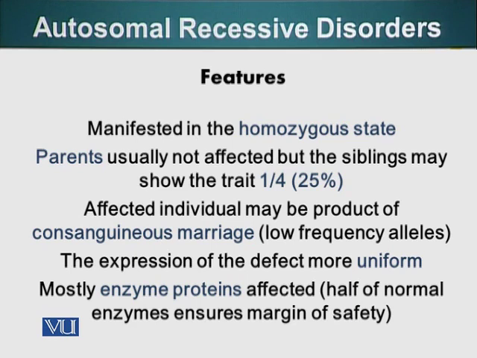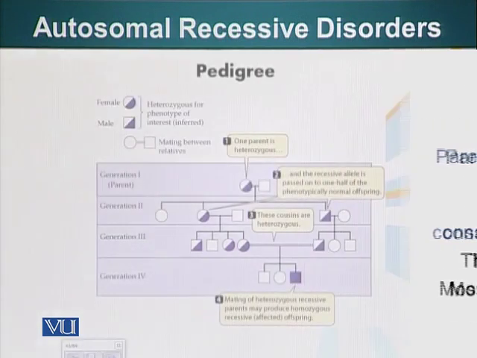I didn't mention when I was talking about autosomal dominant disorders: they are generally caused by mutation or changes in genes which are coding for regulatory proteins or structural proteins with multiple subunits. To understand this, we have to talk about other concepts which are beyond the scope of this course. So maybe in a future course we can talk about that.